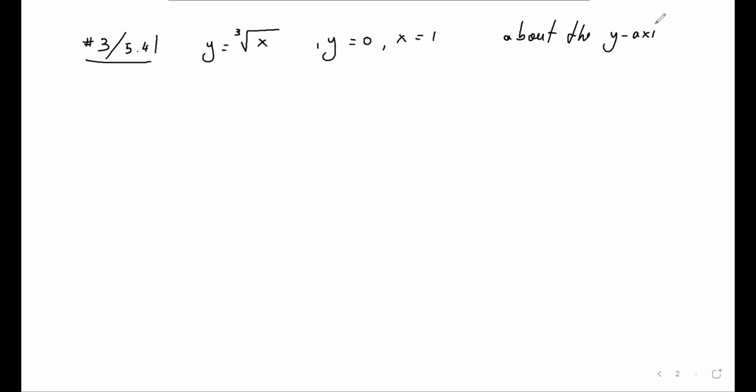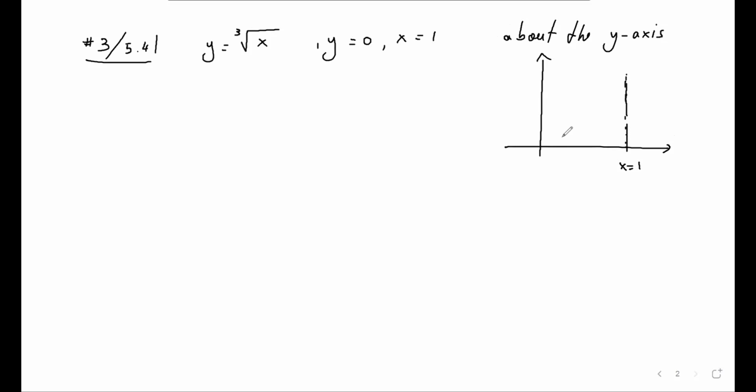Let's draw a picture and see what it looks like. So here's what that looks like. We got x equals 1 over here. It's a vertical line. We got the cube root of x.